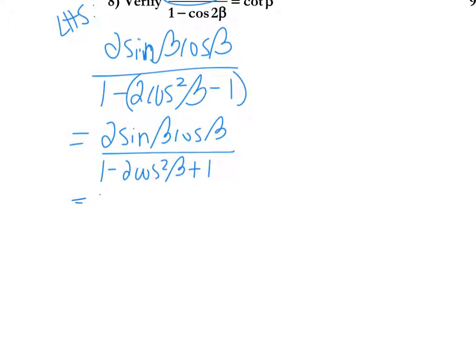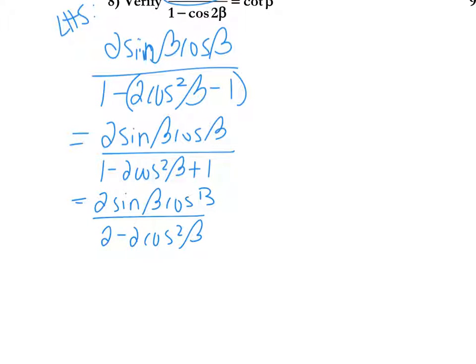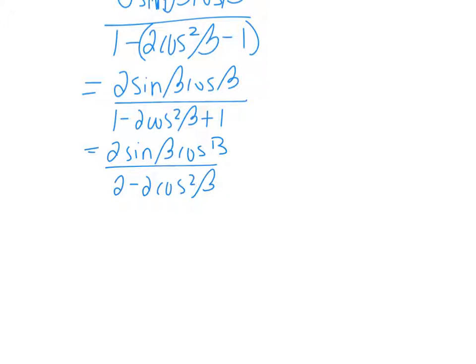So let's go ahead and clean this up a little by combining like terms. And then notice there's a lot of 2's going on, so I'm going to see if I can factor a 2 out of that denominator so that it'll cancel.